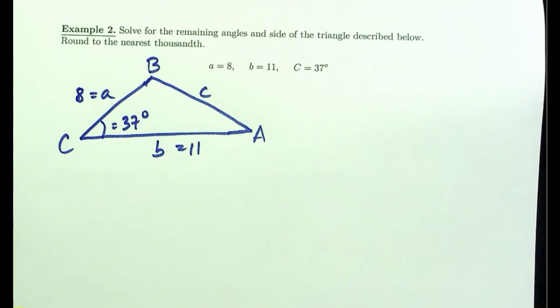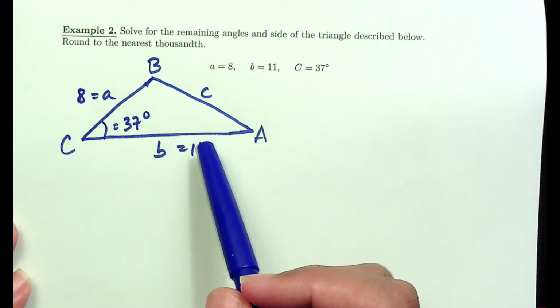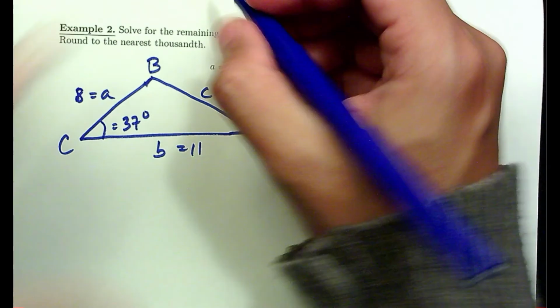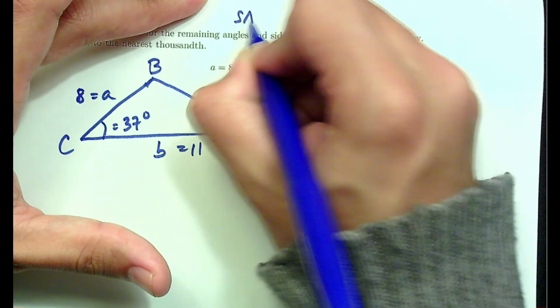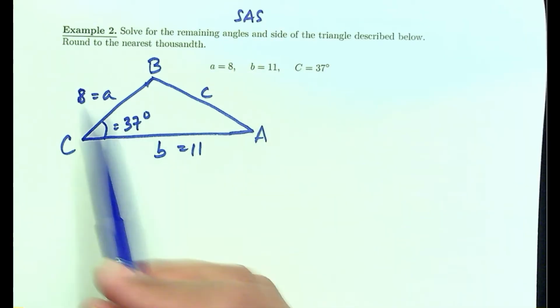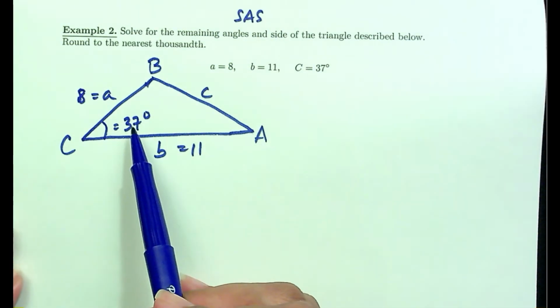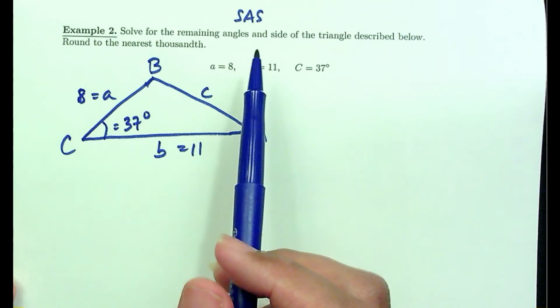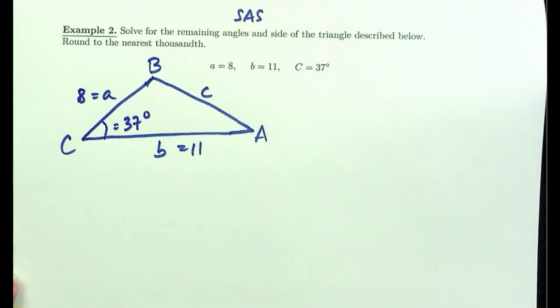Okay, so now let's apply the law of cosines. Again, this is a situation where we have side, angle, side. We know 2 sides and the angle between them. The third example is the one where we do side, side, side. Alright, so let's tackle it.